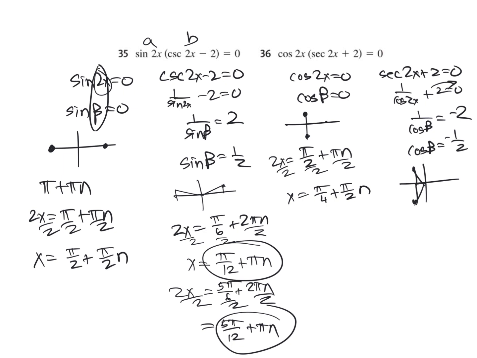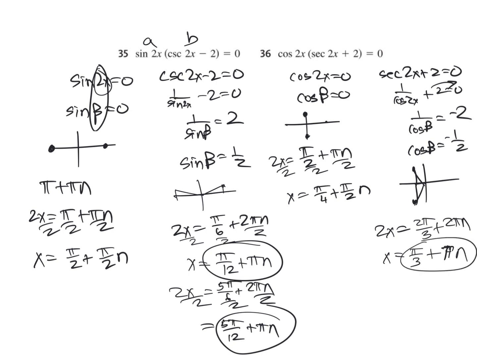So beta is 2x, so that equals 2 pi over 3 plus 2 pi n. Divide by 2 or multiply everything by 1/2, and you get 2 pi over 6 or pi over 3 again, plus pi n. All right, so that's 1.